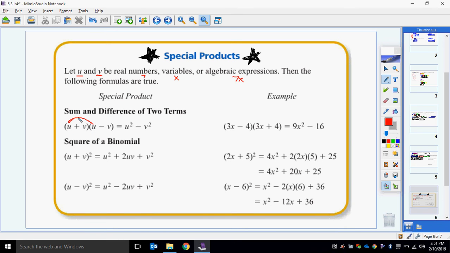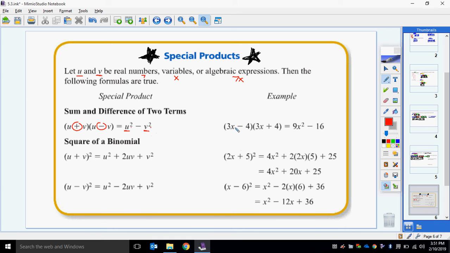We can do the FOIL, first, outer, inner, and last, and get our answer. But this is a shortcut. These special products are shortcuts. So if you see this, everything's the same except one's an addition and one's a subtraction, your answer is always going to be your first term squared minus your second term squared.